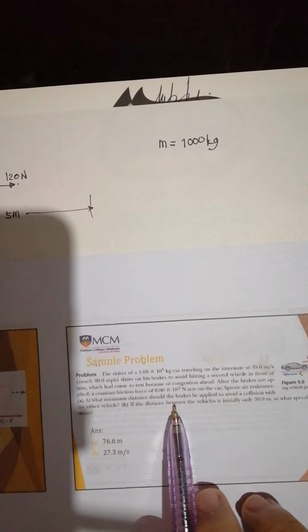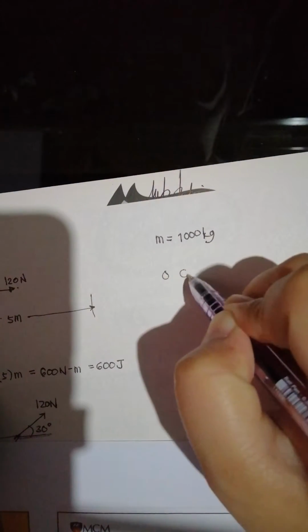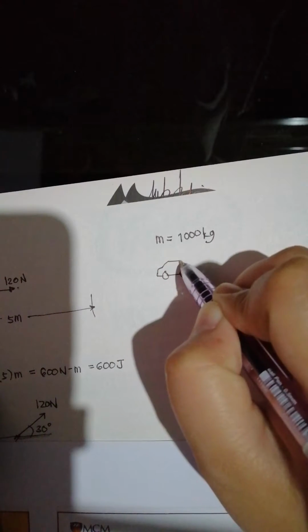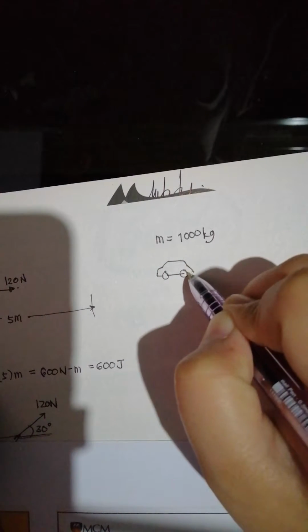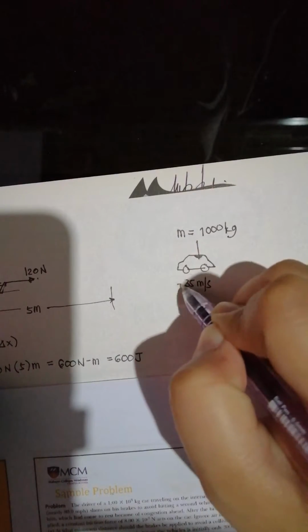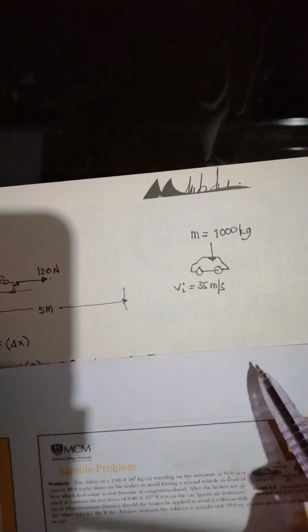So for the vehicle, this vehicle has a mass of 1000 kilograms, as stated in the problem, and its initial velocity is 35 meters per second. Let's say that's our vi, the initial velocity of the car.